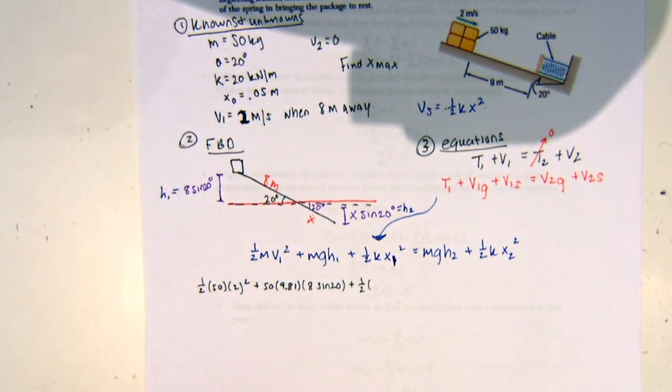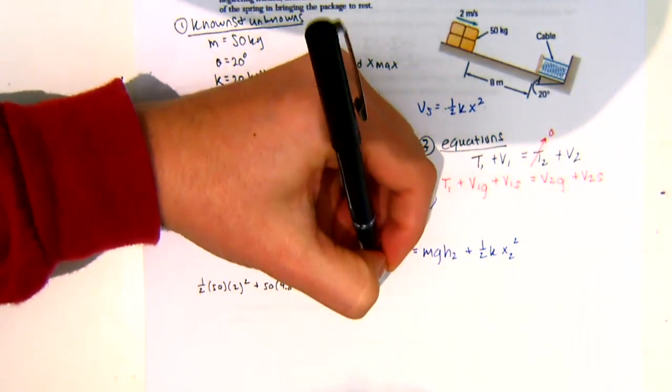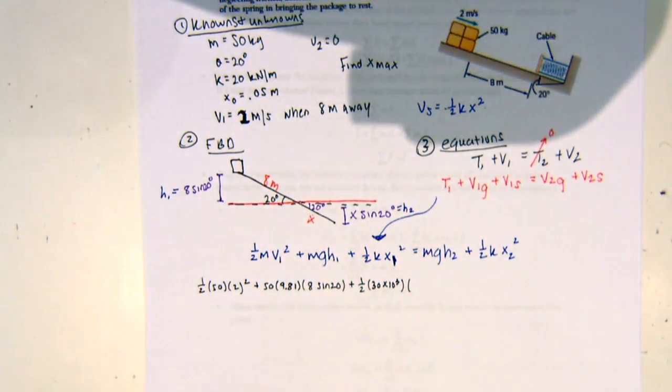So I have to make sure I plug in newtons for that. So that's going to be 30 times 10 to the 3. And then for my initial deformation of the spring, what do I plug in for that? Yeah, it's 30 kilonewtons per meter. What did I write? I'm sorry.